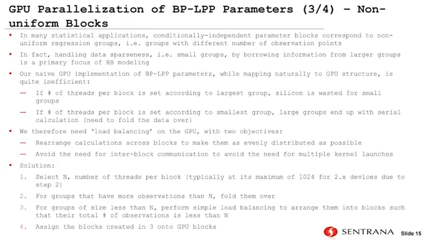Non-uniform blocks. In many statistical applications, conditionally independent parameter blocks actually correspond to non-uniform regression groups. Remember I put up that map of California and I talked about different counties, each one having its own model. Literally, each parameter here could correspond to one of those counties. Now, each store could have its own number of data points, right?